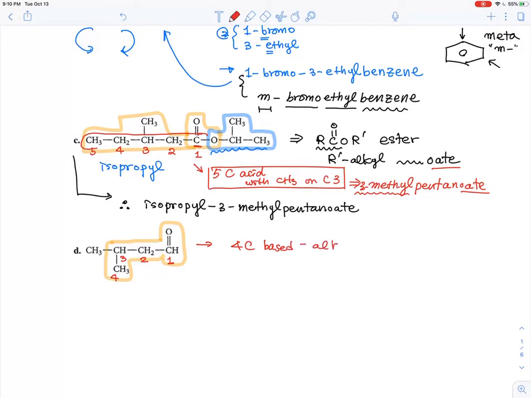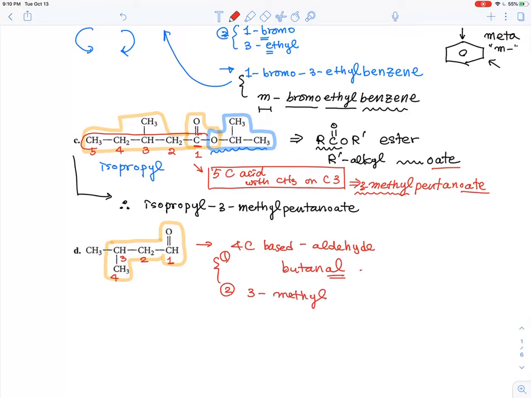Aldehyde, right? So this is an aldehyde. That means what? Butanal. That's an aldehyde. And what's my attachment here? At the position 3 carbon, a methyl.